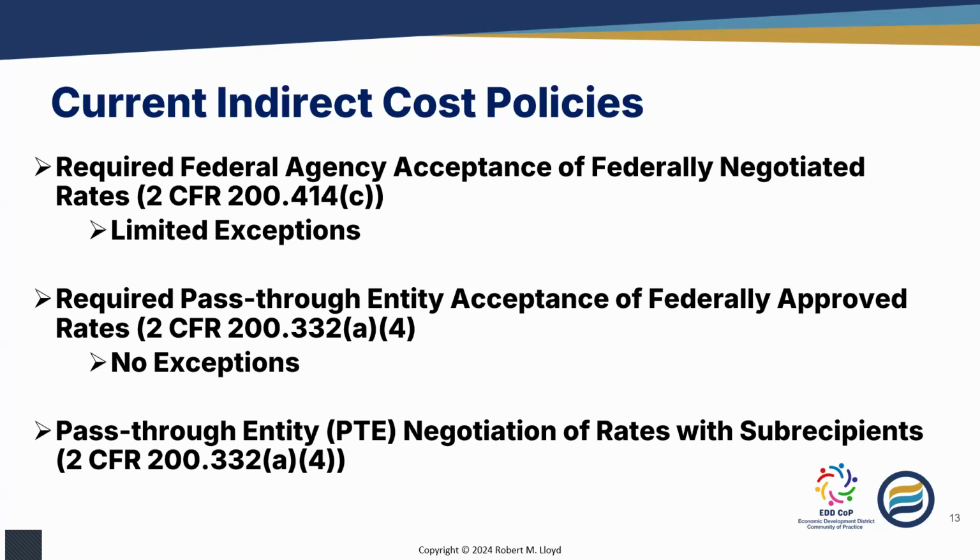It's a Latin phrase, or actually the Latin phrase is longer, but shortened to the term de minimis. OMB has established that an organization that doesn't have an indirect cost rate can charge a de minimis indirect cost rate of up to 15% of their modified total direct costs incurred in a particular award.